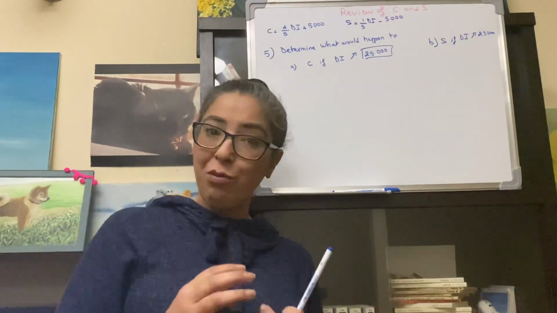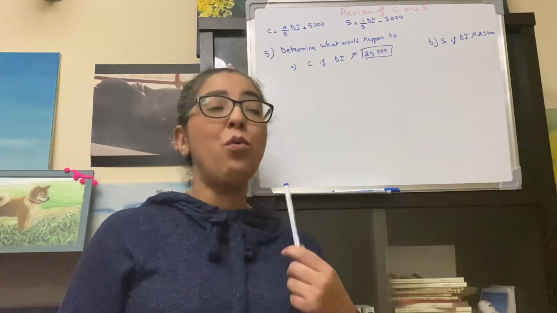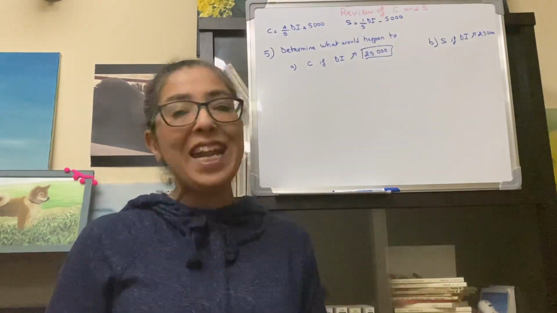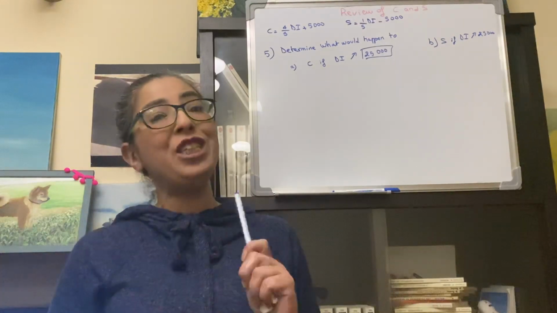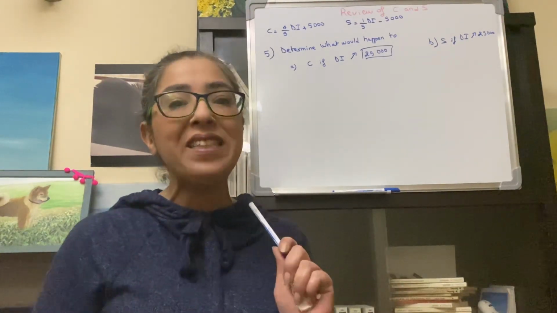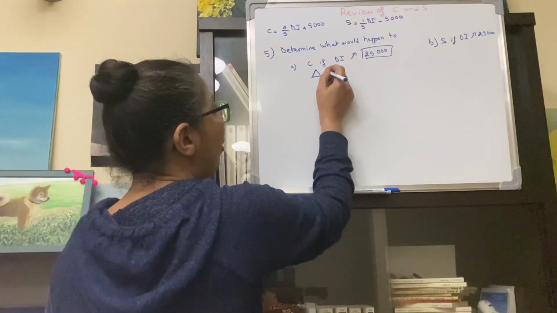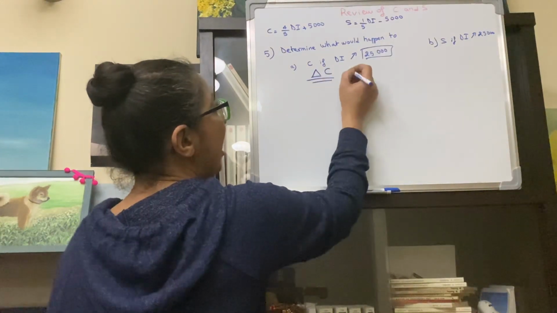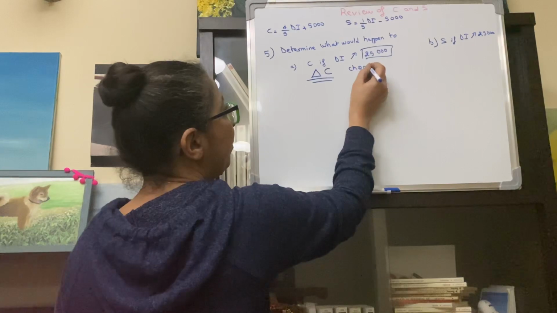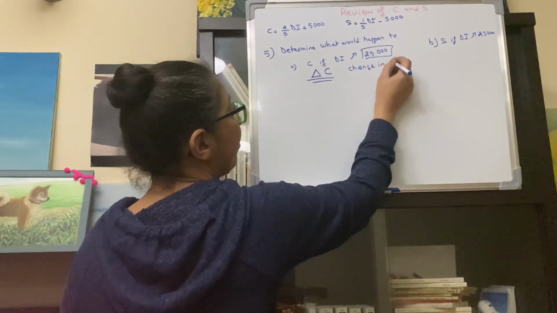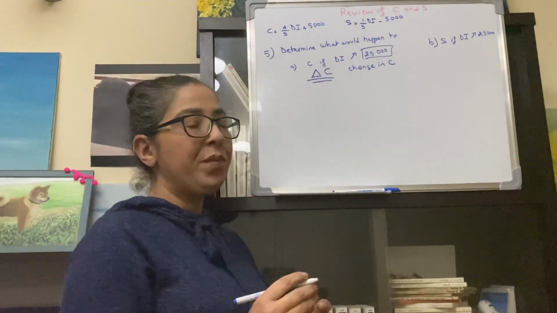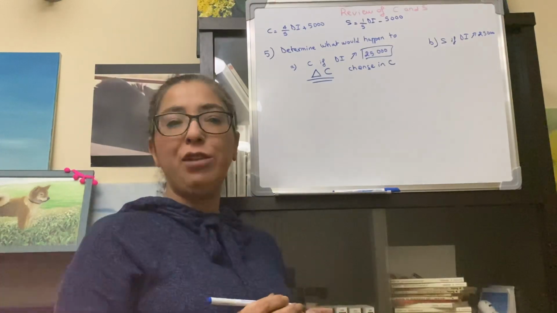Or is it going to decrease and by how much? So what we're calculating is the change in consumption, which is delta C.